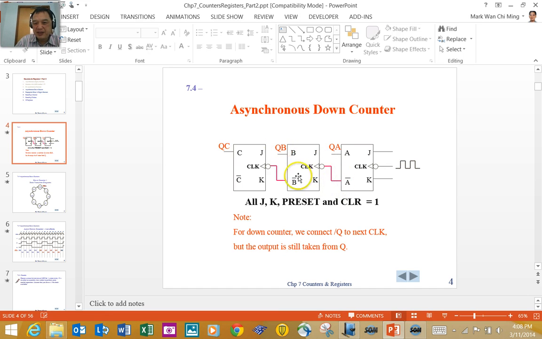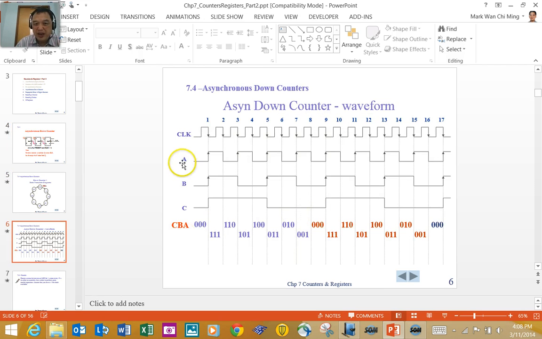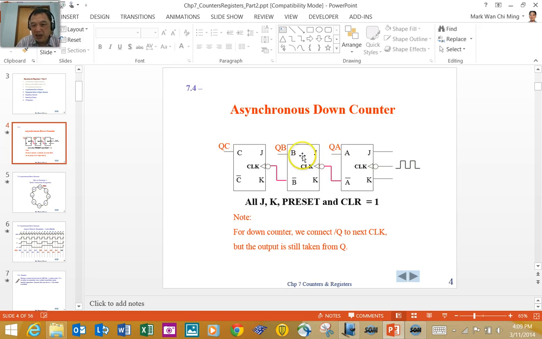This B depends on the inverting output from A. This C depends on the inverting output from B. All right, let's check it out. This one we understand very well. A depends on the negative trigger, right? Okay, right, fine. You look at B. B depends on this one, right? The negative trigger from the A bar, right? You see it?